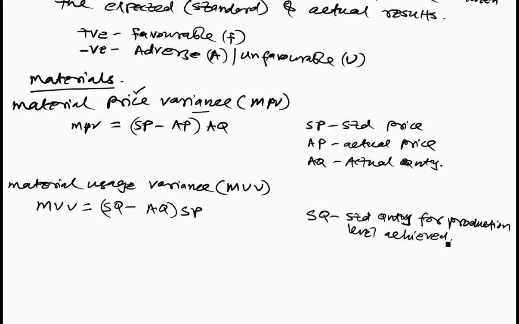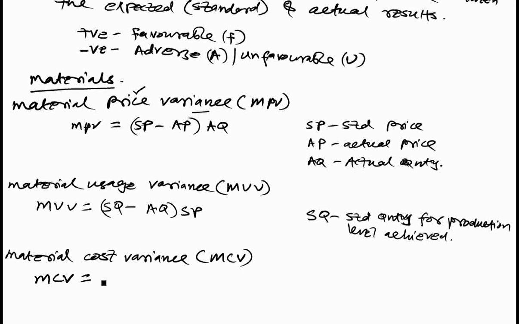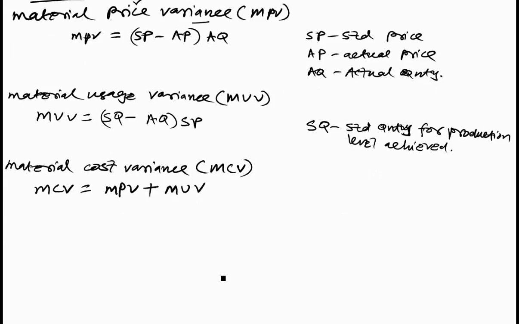The next is material cost variance, which can be abbreviated as MCV. Material cost variance is a combination of material price variance and material usage variance. That is the general formula.